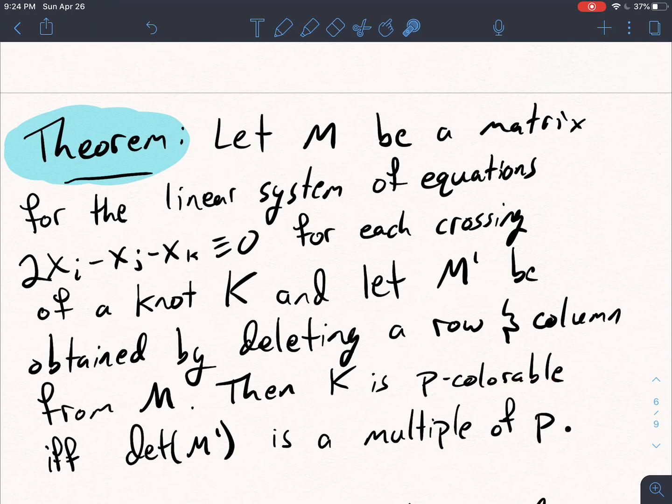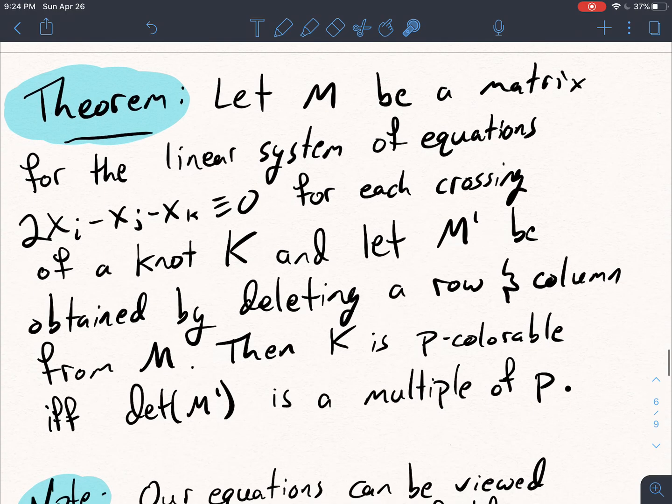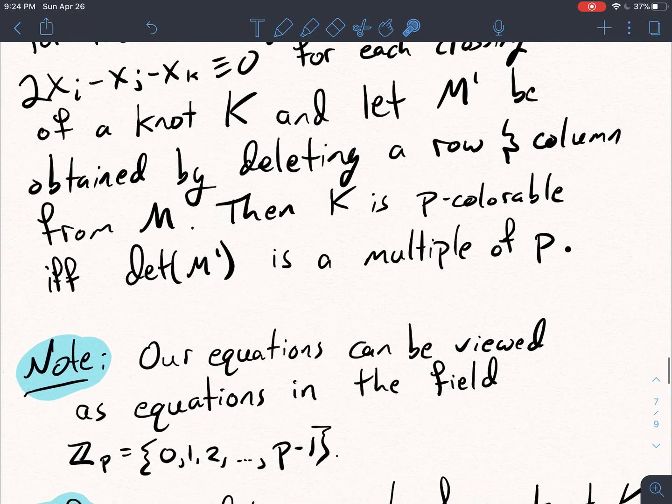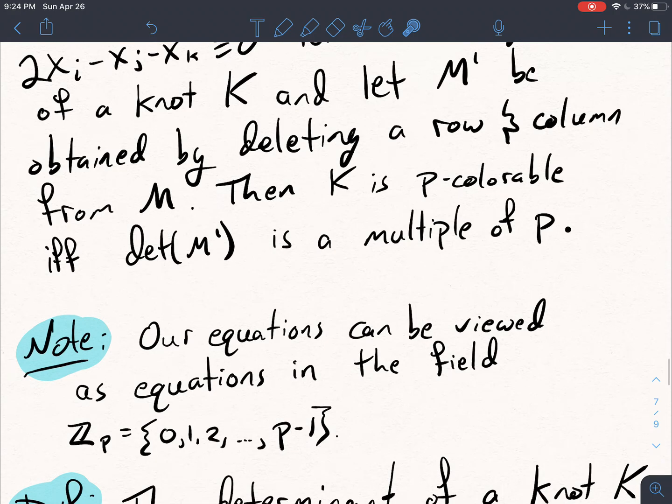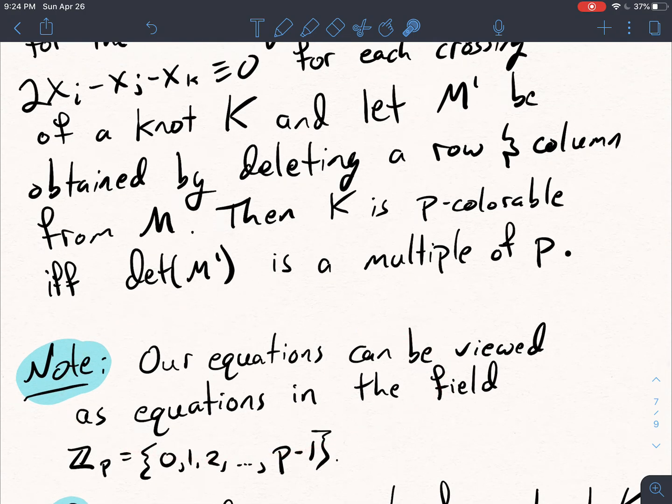So you get one for each crossing of the knot. Put that into your matrix M. And M prime is obtained by deleting a row and column from M. Then the theorem is that K is p-colorable if and only if the determinant of M prime is a multiple of p, or is congruent to 0 mod p.